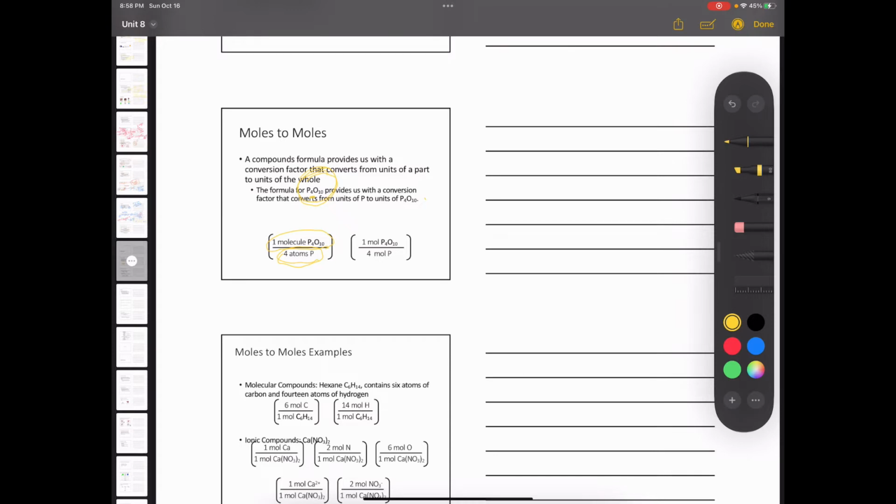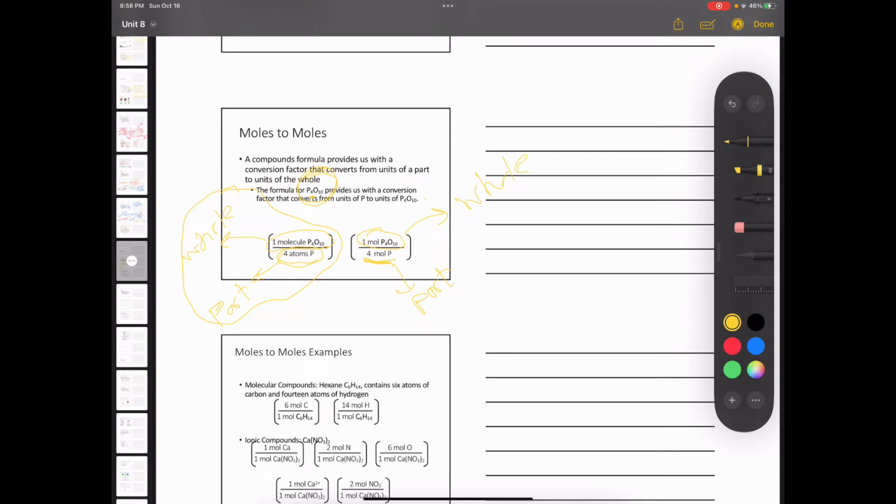So that is the relation between the part, and this one is the whole unit for the formula. I can take use of this concept and assume also that there are 4 moles of phosphorus within 1 mole of phosphorus oxide. So there is the part and there is the whole.